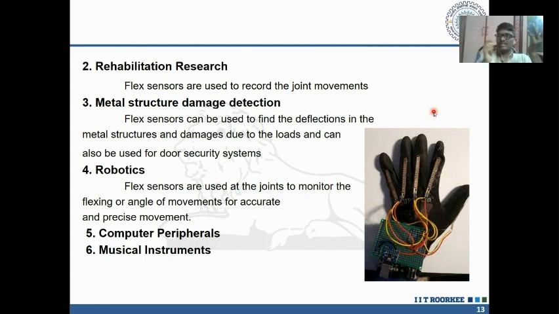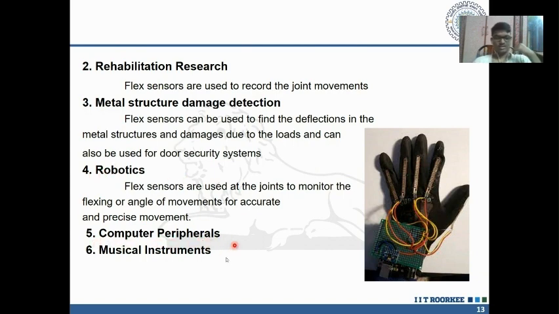So by studying the data, we can get an idea of whether it is damaged, or to what extent it can work. In robotics, flex sensors are used to monitor the joints, how much bending is applied, how much bending it can store due to load, and how the motors are performing at the joint level, etc. We can use it in robotics also.